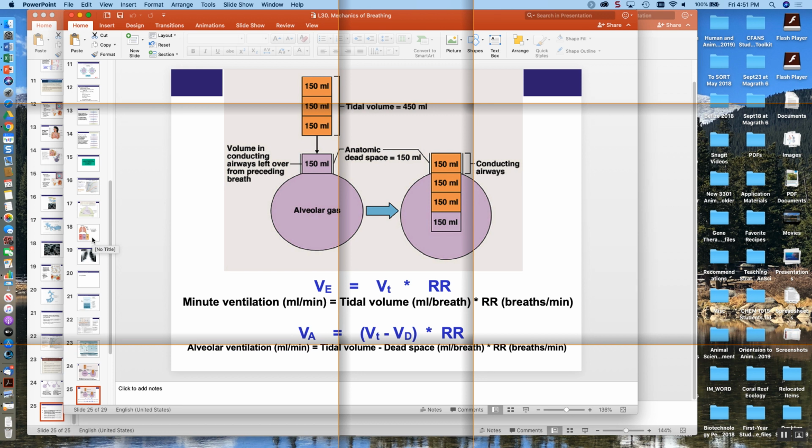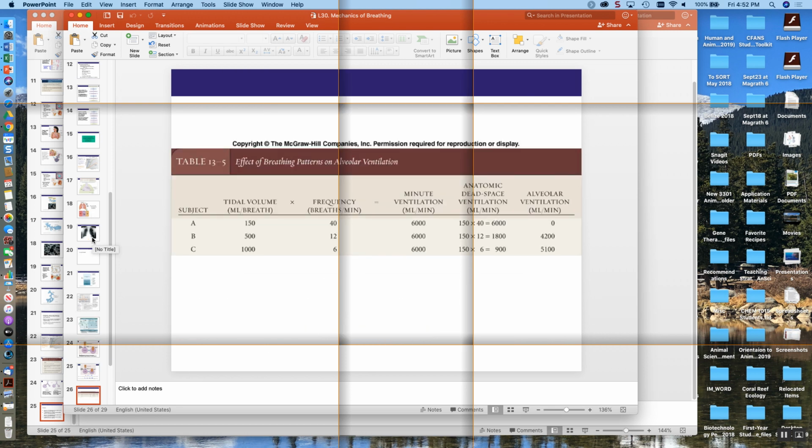So this kind of summed everything up. All three of these patients or individuals have the exact same minute ventilation, so it really doesn't tell you a whole lot. If you subtract off the anatomic dead space, you can see that alveolar ventilation is very different in each of these individuals.